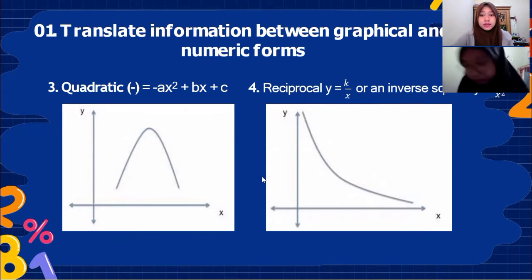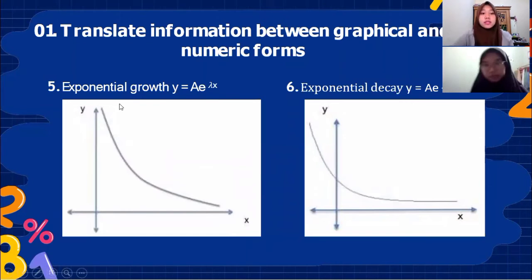Next we have exponential growth, where the equation is y equal to a e to the power of lambda x, and the last is exponential decay, y equal to a e to the power of minus lambda x. So those are the general forms of the graph.